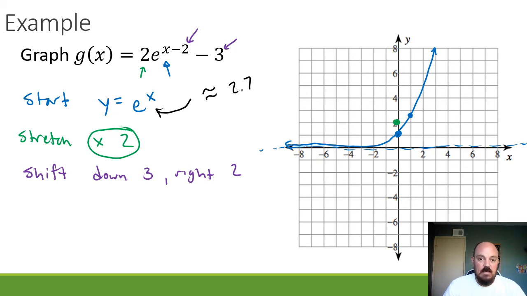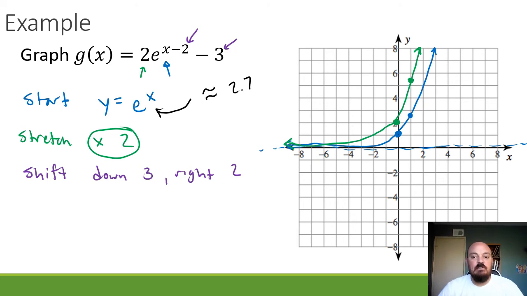If I double that, it would be about 5.4. I'm going to count up 5 and about 0.4, just approximating, and put a point right there. So that's how the stretch can be easy if you just focus on points. Just take your two key points and double the height of each one. Now start from the asymptote and curve through those 2 points.